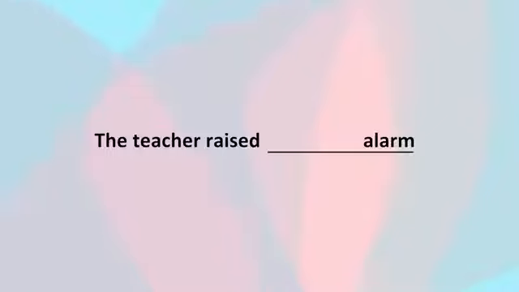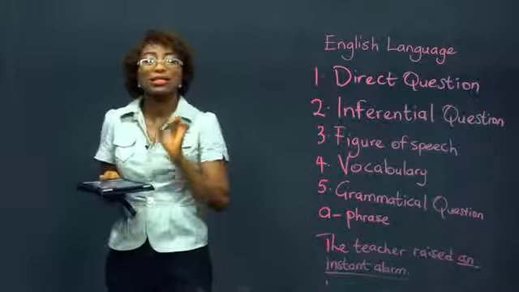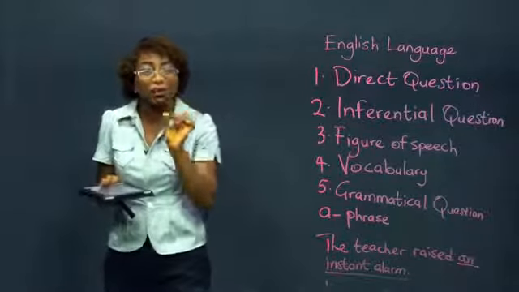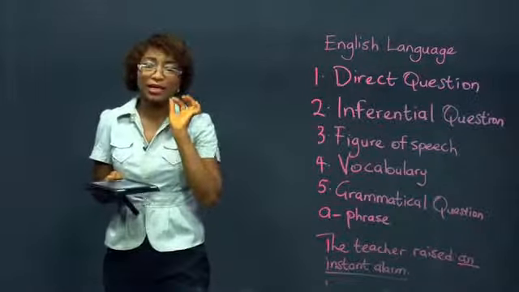What did he raise? Alarm. He raised an alarm. But if I remove alarm and I have "an instant," does it make sense? It doesn't really make sense. And so I know, therefore, that the head word in that phrase is alarm. And because the head of that phrase is alarm and it is a noun, that phrase is a noun phrase.